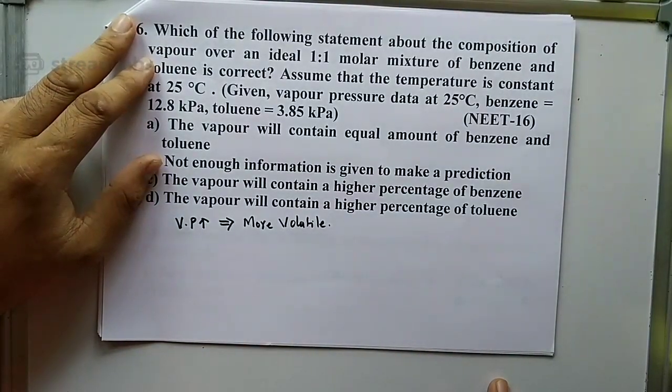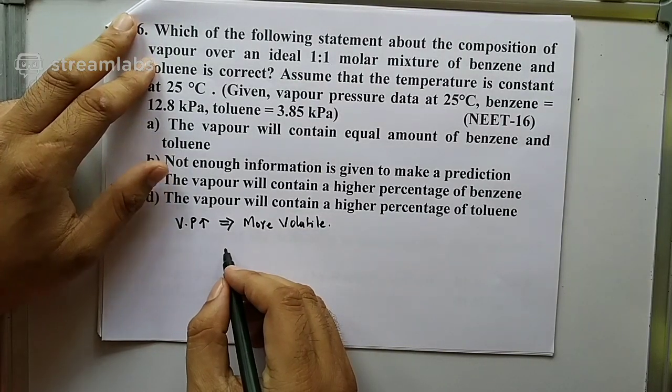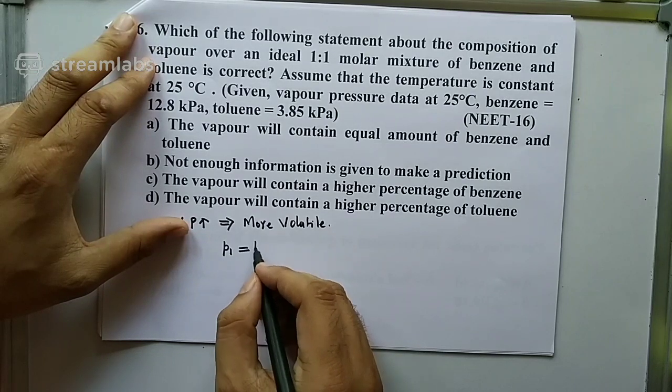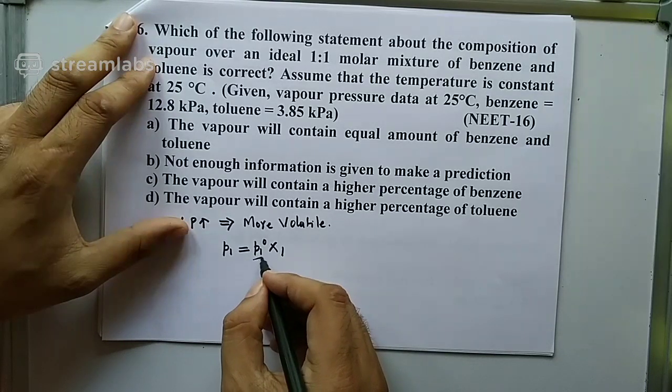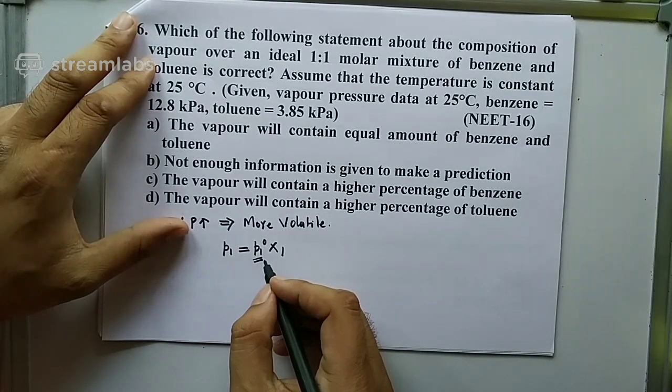Now, you know from Raoult's law that P1 is equal to P1 naught x1. If it is more volatile, P1 naught, the vapor pressure of the pure solvent, would be more.